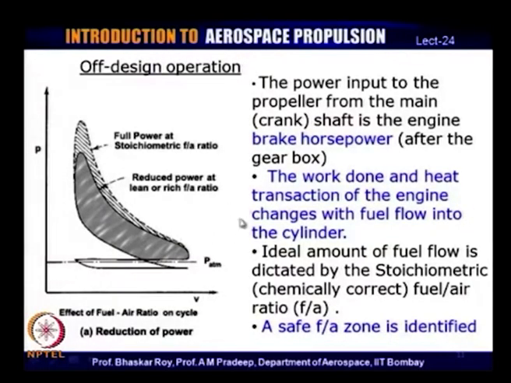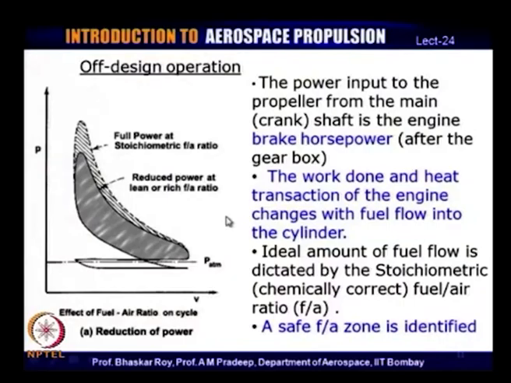As a result, the piston has to operate with different kinds of fuel flow. Now, the fuel flow that is considered, depending on the property of the fuel, most correct, is often referred to as the stoichiometric ratio, and this is the chemically correct fuel air ratio that needs to be supplied to the engine.